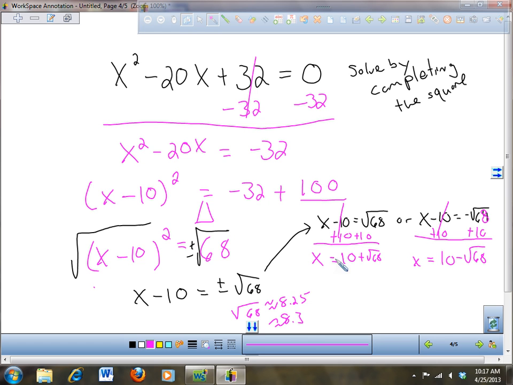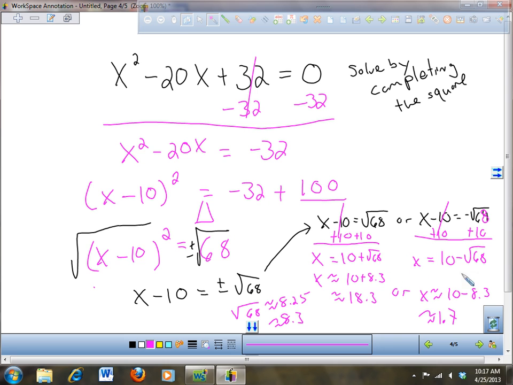So x would be about 10 plus 8.3, which is about 18.3. Or x is about 10 minus 8.3, which is about 1.7. Okay? So those would be two answers that are approximate.